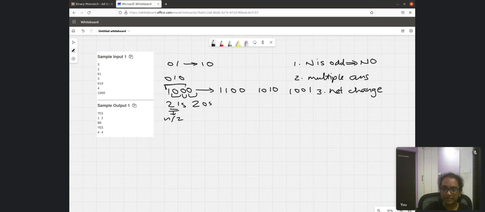So if we take this, for example, then when we invert it, we'll get 0 1 1 0, and this has an equal number of ones and zeros. So we see that it's the net change that matters.